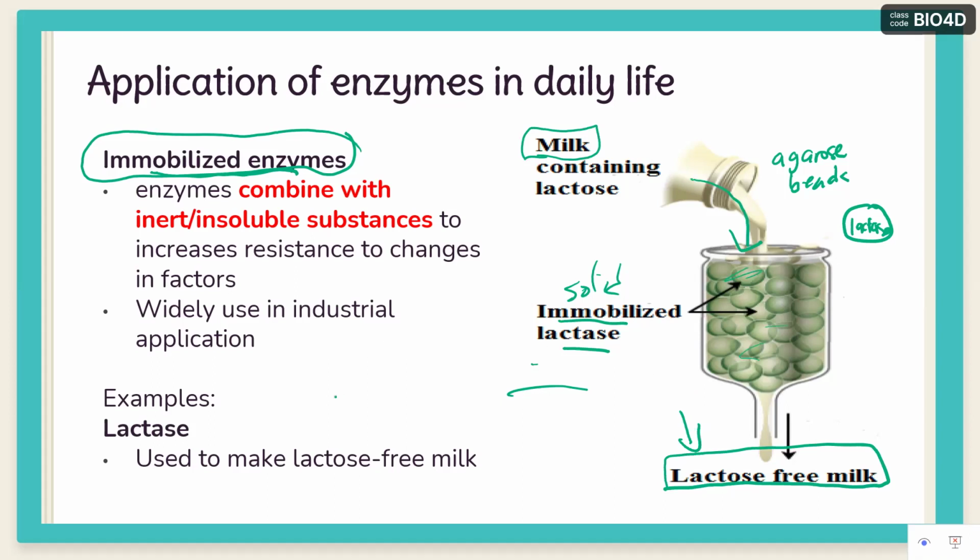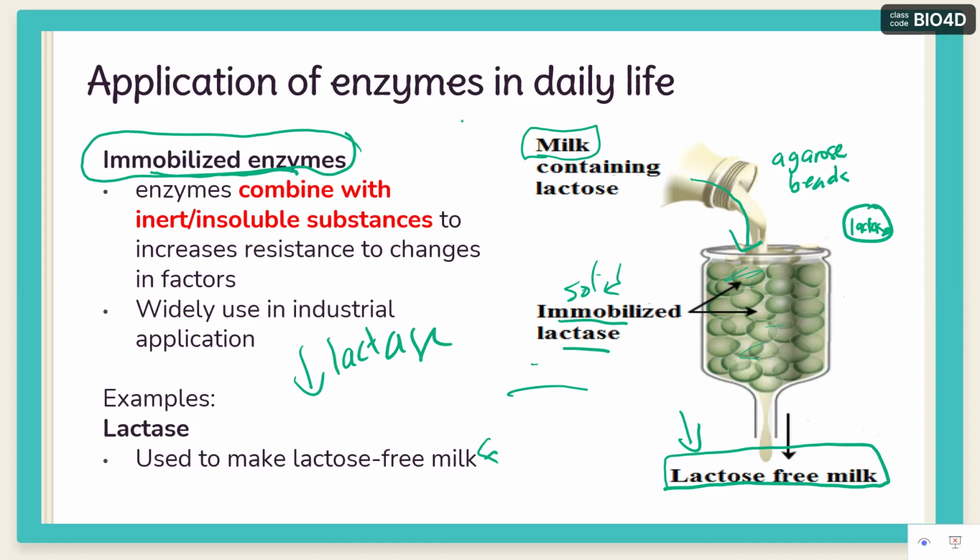Because as you grow older, your body makes less lactase. So after you drink milk, you will feel very uncomfortable, especially older people. So they need to drink lactose-free milk so that their stomach is not uncomfortable.